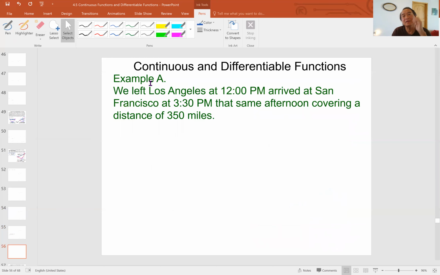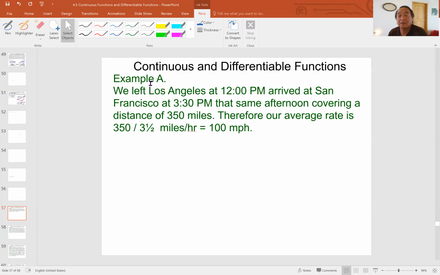And here is an interesting interpretation of what that means. Suppose you drive from Los Angeles to San Francisco, leave at 12 o'clock and get there at 3:30, and suppose the distance is 350 miles. So I can calculate the average rate: 100 miles an hour, or flying, whatever. What does that mean?